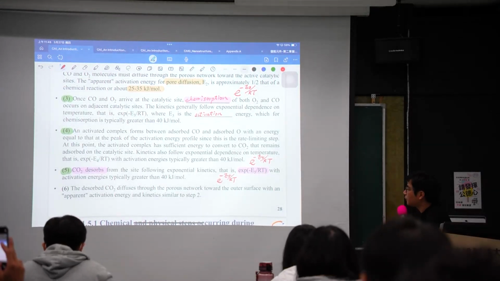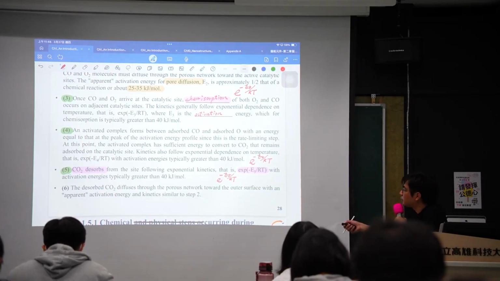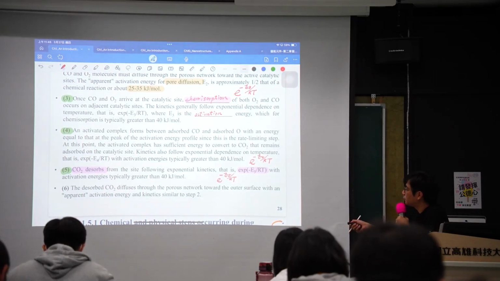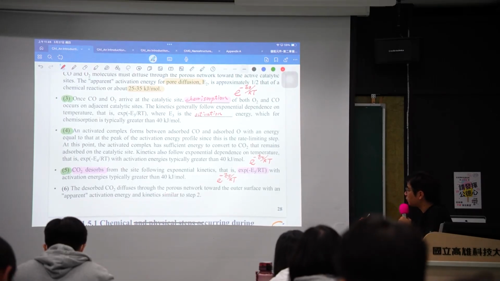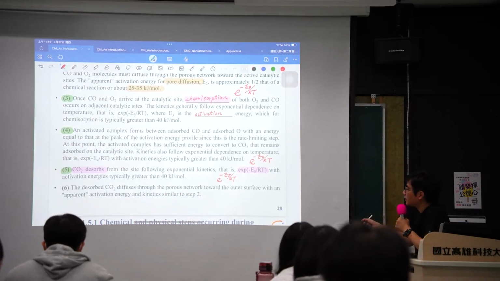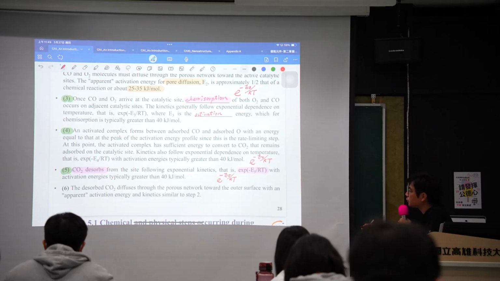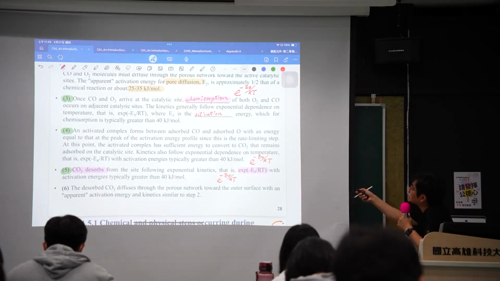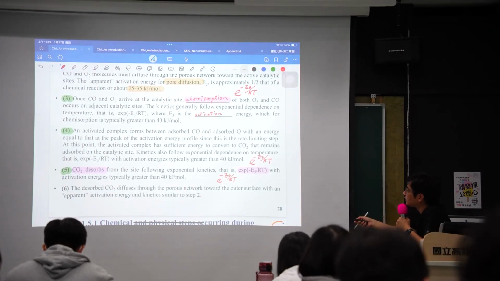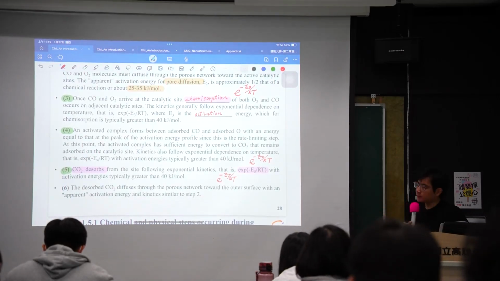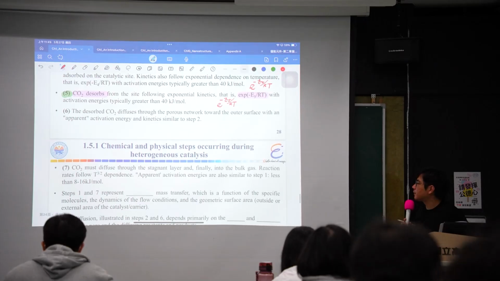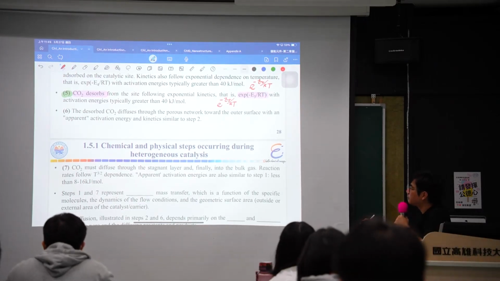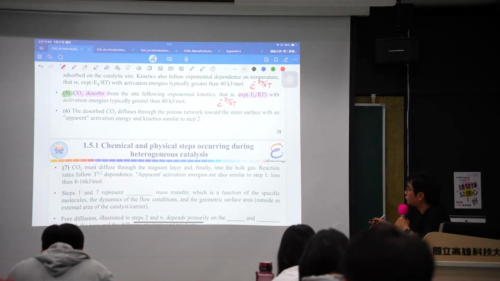The next two processes are simple. The dissolved CO diffuses through the porous network toward the outer surface with an apparent activation energy that is similar to step 2. Step 2 is diffusion. Step 6 is also a diffusion. So the final step is CO must diffuse through the stagnant layer and finally to the off gas.